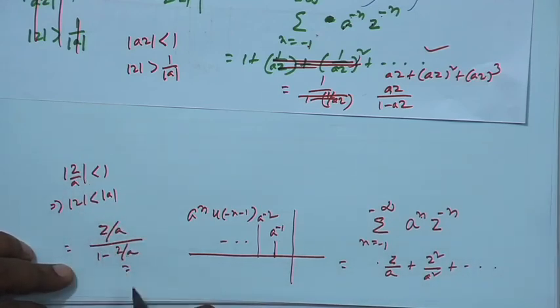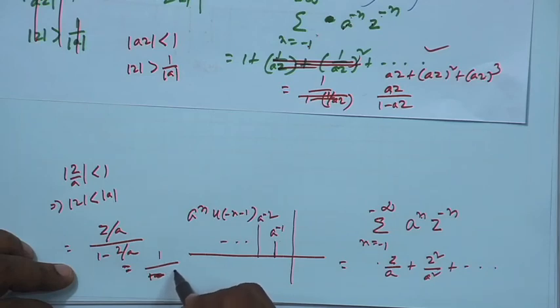And if you divide numerator and denominator by this quantity, it will be 1 by a z inverse minus 1.